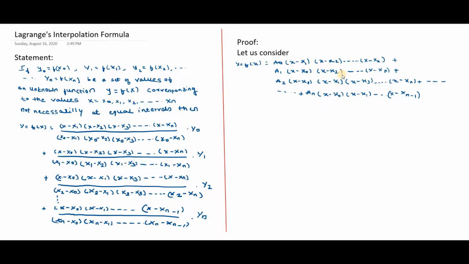So this is the equation where a0, a1, a2, up to an are constants to be found. Let us say this is equation number 1.